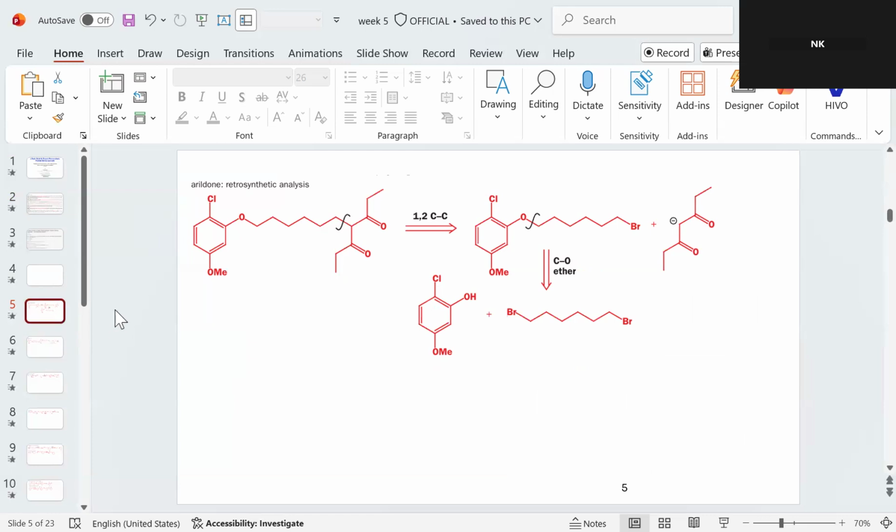From time to time, I will try to put some name reactions in between our regular problems, and maybe in an upcoming video I will cover some reagents as well: common reagents which are generally used, mainly oxidizing reagents and reducing reagents, along with some common name reactions. I think we have already covered some reducing reagents, but we haven't really covered a lot of oxidizing reagents; that we will cover maybe in the next video.